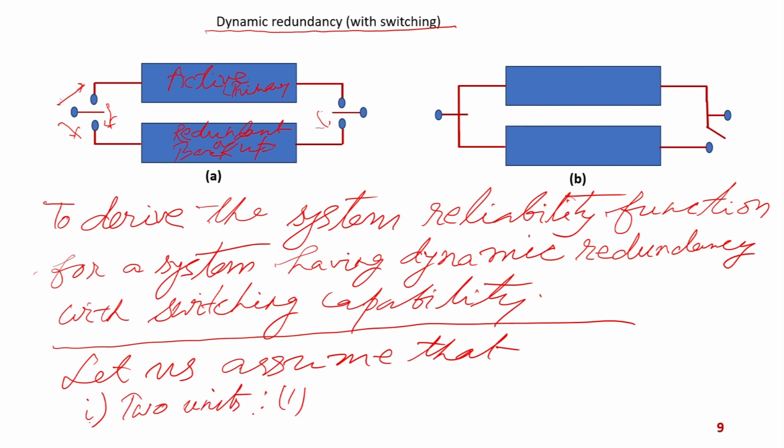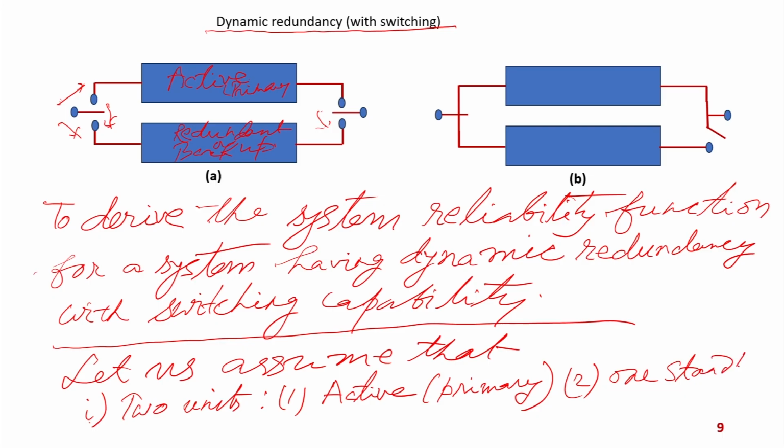One active, as I already wrote, means it is operating successfully, active or primary. Second, one standby, or redundant or backup.